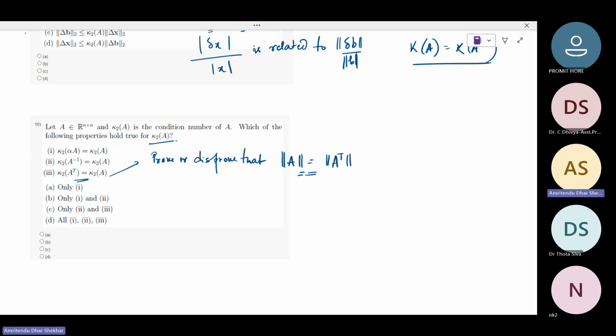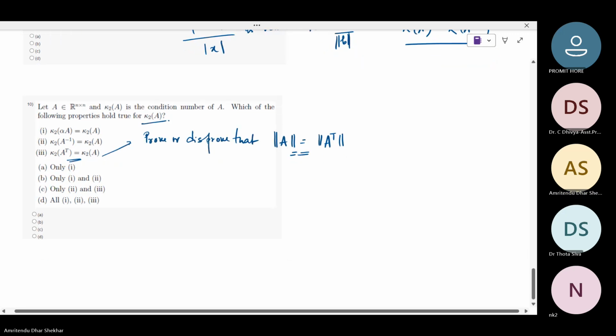Yeah, I think this is false. I think you can easily construct a counter example. What if A is upper triangular? What if A looks like this?